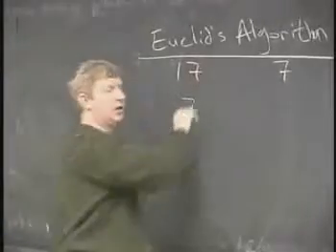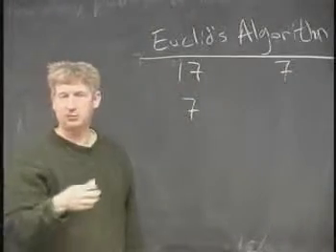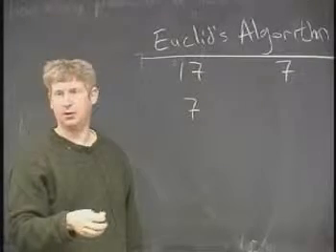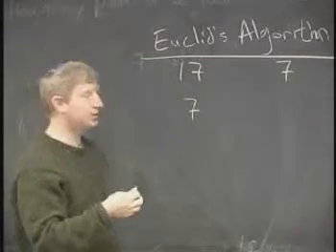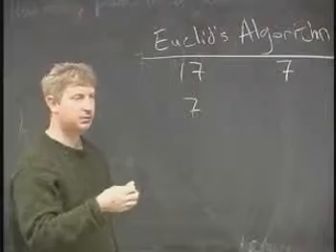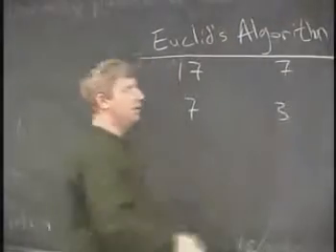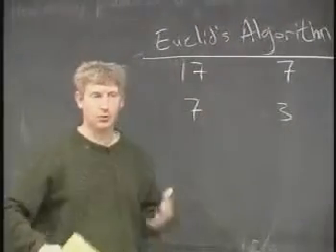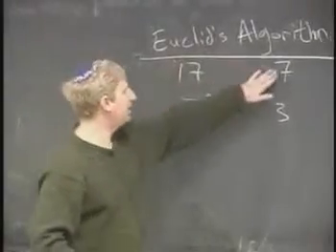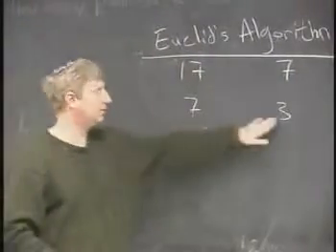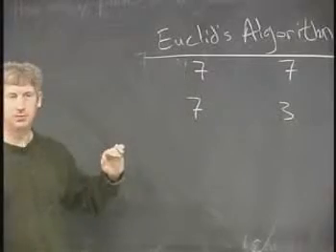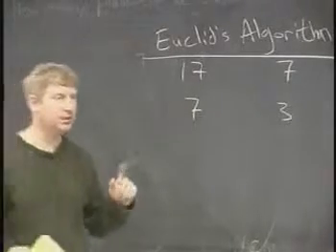Divide the smaller into the larger, and take the remainder as the smaller number of your new pair. So 7 into 17 gives a remainder of 3. Euclid says, and he proves, that the greatest common divisor of these two is equal to the greatest common divisor of these two.